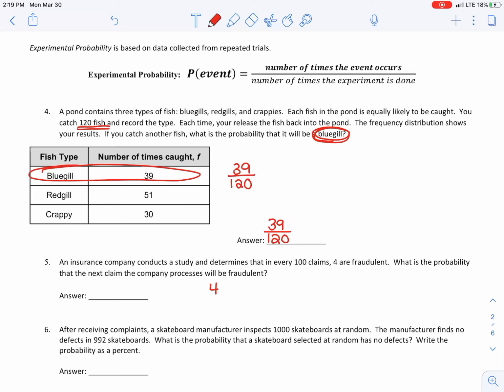Then it says the number of times the experiment was done. So how many claims in total? That's 100 claims. So we're saying 4 over 100, and that can reduce to 1 over 25. So that's going to be the probability.